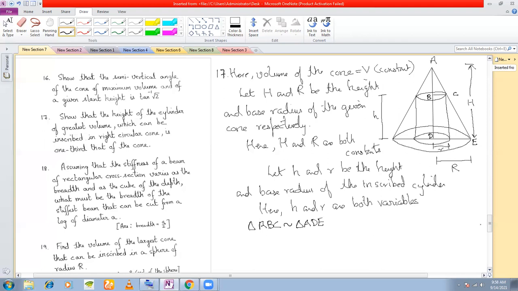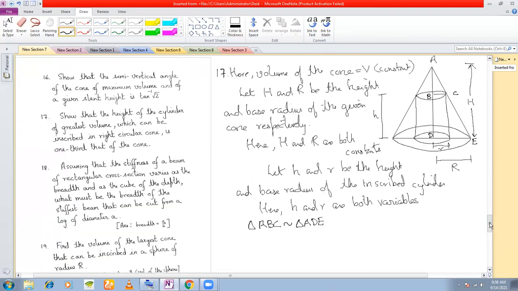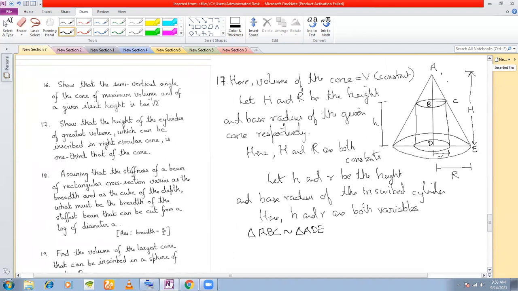That means their sides are proportional. What sides should we take? We obviously neglect the sides AC and AE, because we don't need the slant height of the cone. So we write the other two sides.